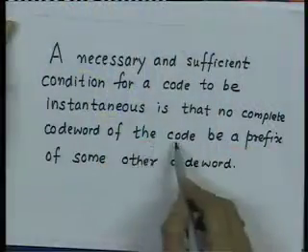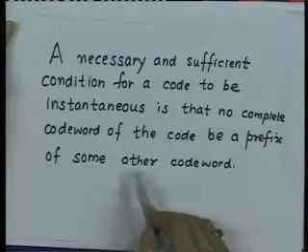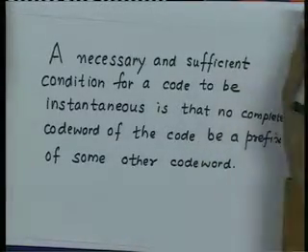So, we started with the assumption that if xi is a code word, a prefix of another code word xj, then the code cannot be instantaneous. So, this proves both the necessary and sufficient condition of the test: for a code to be instantaneous, no complete code word of the code should be a prefix of some other code word.